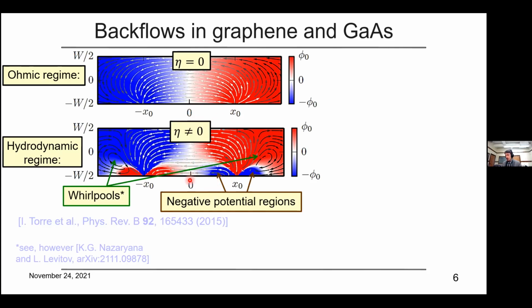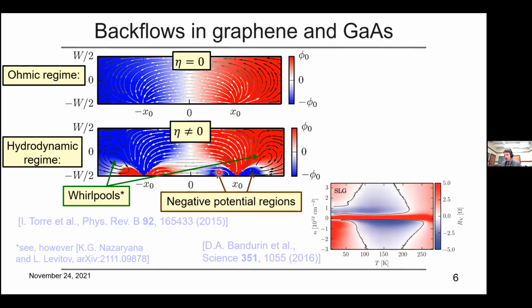Therefore, if we are measuring our non-local resistance by measuring the voltage drop between 0 and this point, we will observe not a positive, as we had here, but a negative voltage drop. And usually this is what is called negative non-local resistance, just a negative voltage drop. And this effect was indeed observed experimentally in graphene.